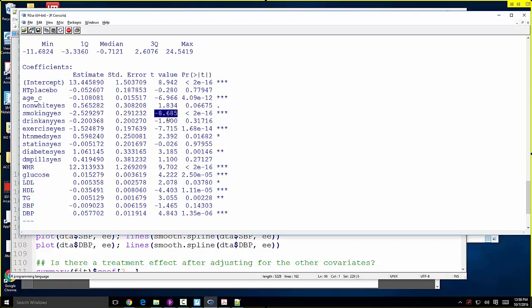In terms of modeling BMI, smoking, yes or no, has a very strong effect. So does exercise, or lack of it, and so does age, and more than anything else, WHR, which is waist-hip ratio. That makes sense because BMI should be very closely related to waist-hip ratio. They should be highly correlated with each other.